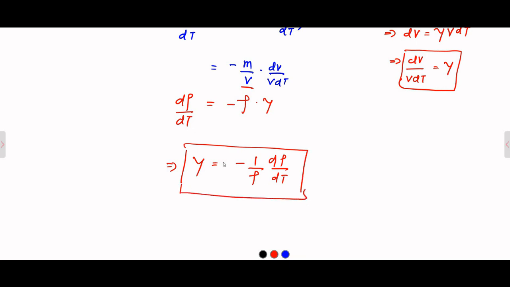Okay, so we have proved what was asked to prove in the question, that the volume expansion coefficient gamma is equal to minus 1 by rho d rho by dT, where rho is the density, T is the temperature, and gamma is the volume expansion coefficient.